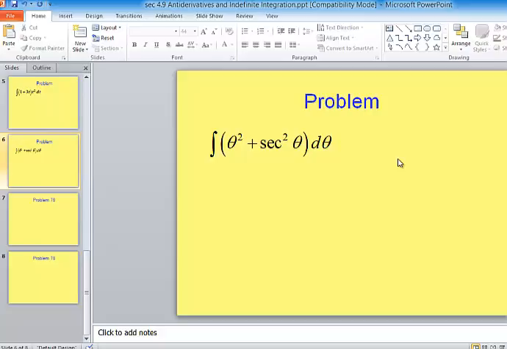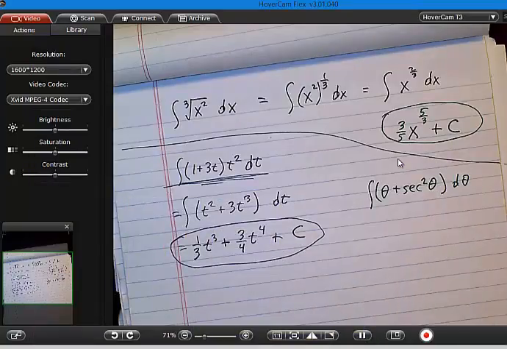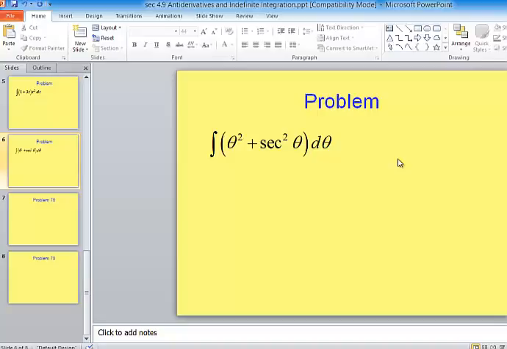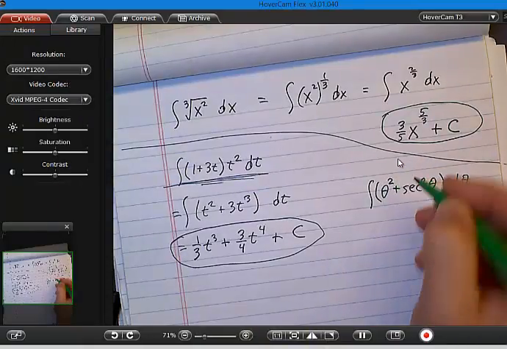This one I decided we would integrate with respect to what? Theta. Yeah, I used the Greek letter theta kind of to emphasize, hey, maybe you have an angle for your input. Okay, so let's see if we can do this. Oh, this was theta squared, right? I copied it down wrong. Okay.